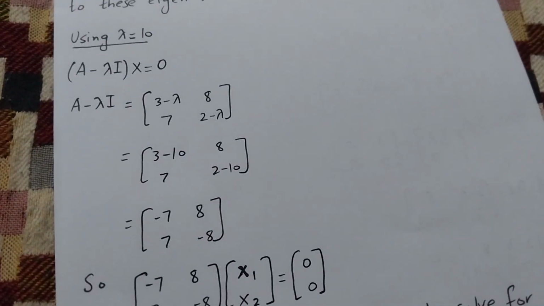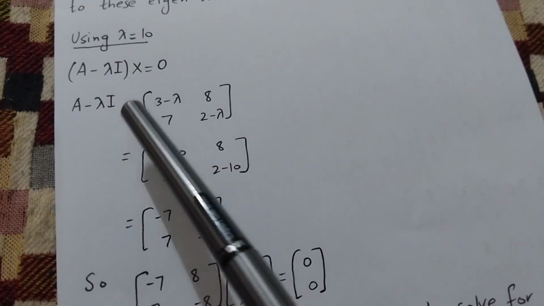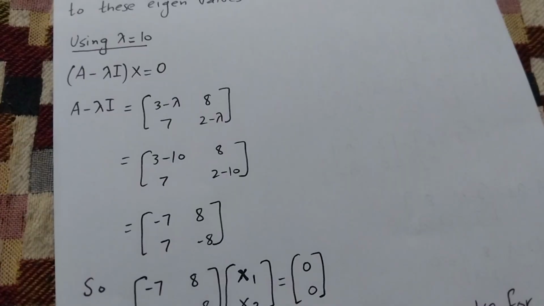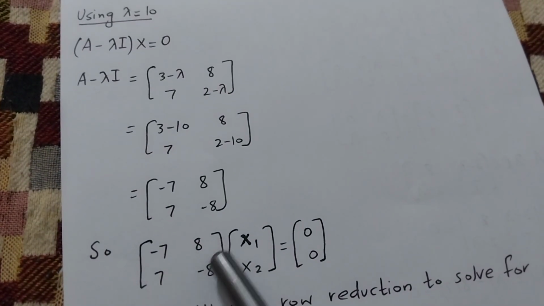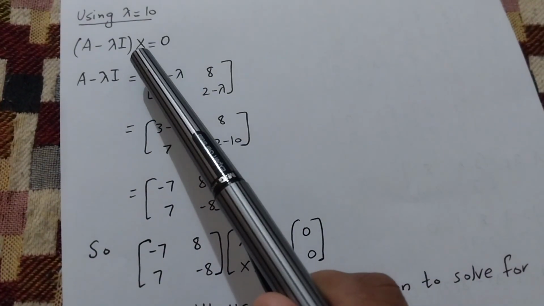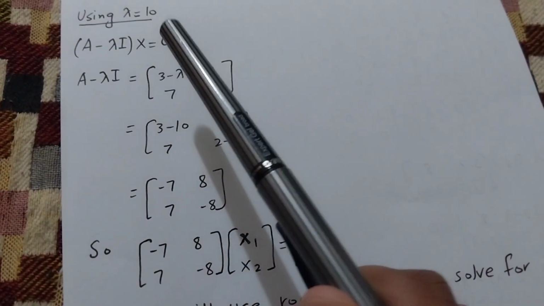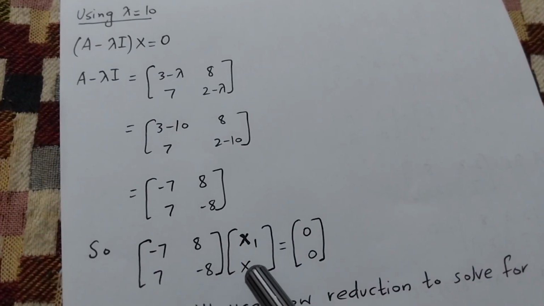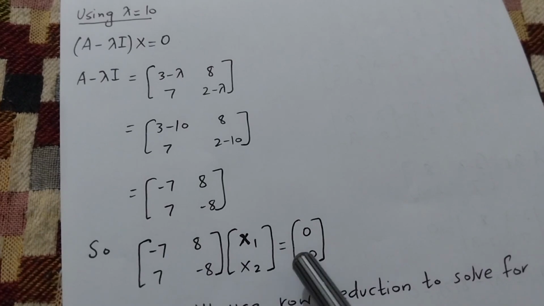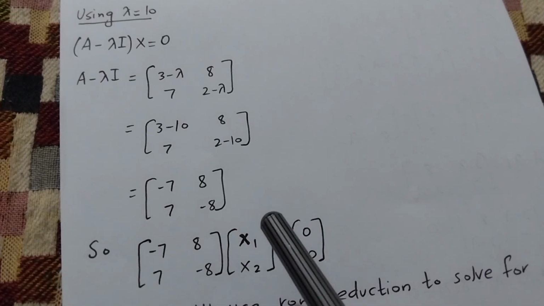And as we had the equation A minus lambda I into x is equal to 0, this will become minus 7, 8, 7 and minus 8, and x is basically the eigenvector which we have to find here, which is x1 and x2. It's basically a vector, and it has two components, x1 and x2, and is equal to 0, which is a null vector.